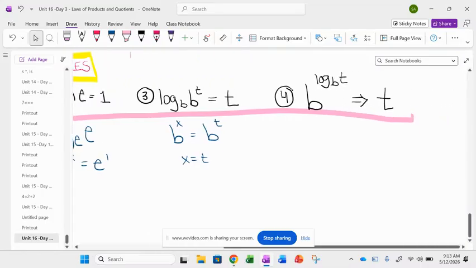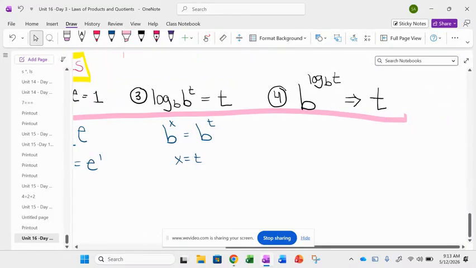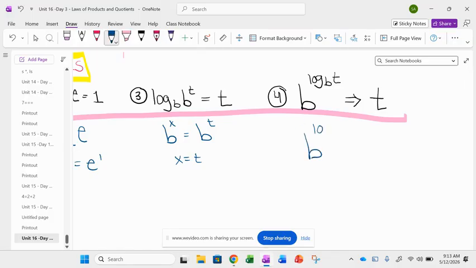Okay, so now the last one. The last one's a little bit trickier. So this is saying, let's say I have b raised to the log base b of t equals x. Do we all agree this is our exponent? And so I'm going to change this into a log.